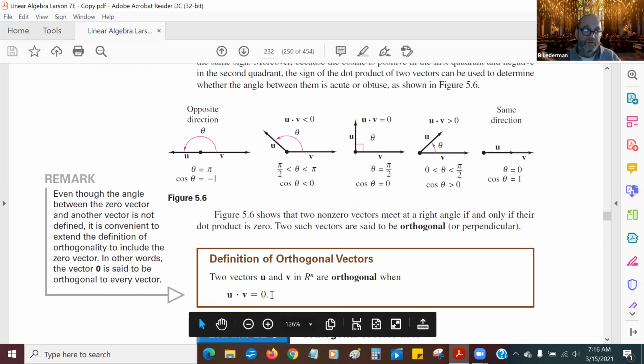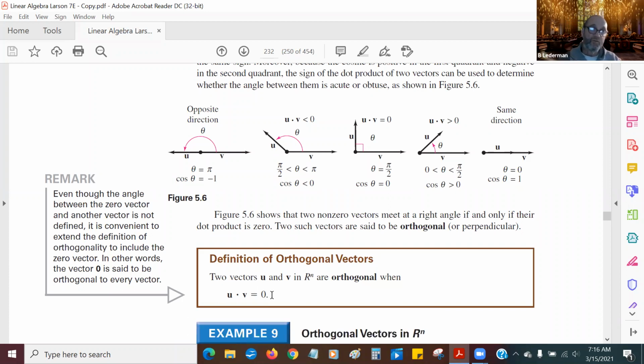So it makes sense from the formula that the 0 vector will work, and we're just going to extend that concept. So I think I made my point.